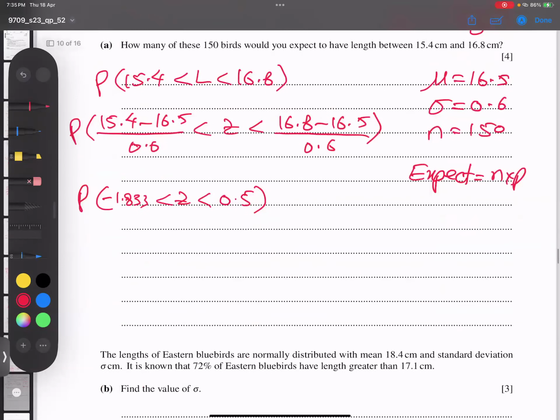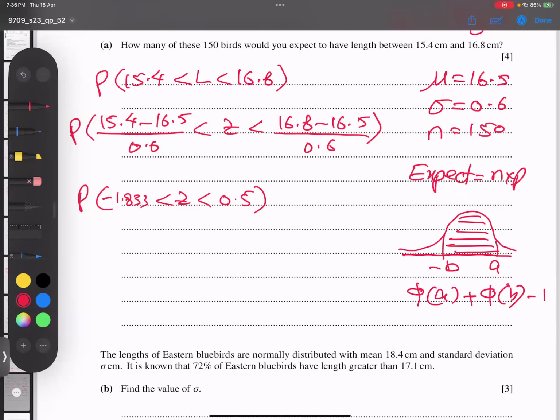Student, I taught in my previous lectures, whenever one value is negative and one is positive, what is the technique? Phi of the first, bigger, positive number, plus phi of the second number, I mean phi of B, add them both and subtract 1. This is the basic formula we use in this condition.